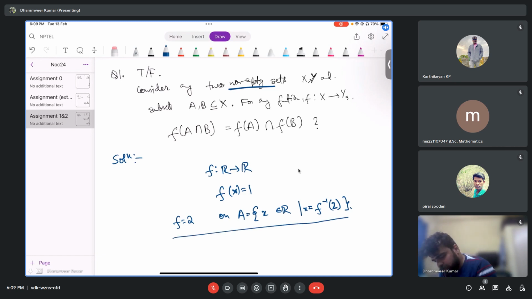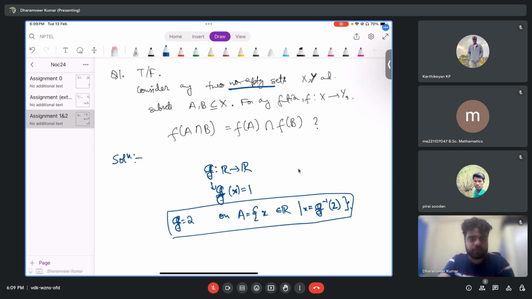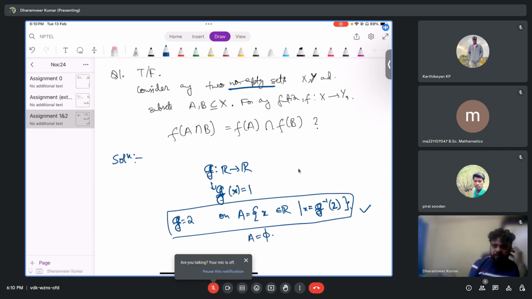This statement is true or false. Talking about this f right now, let's call it g for convenience. Is the statement true or false? This is a true statement, but this A is non-empty. For a non-empty set, anything can happen.